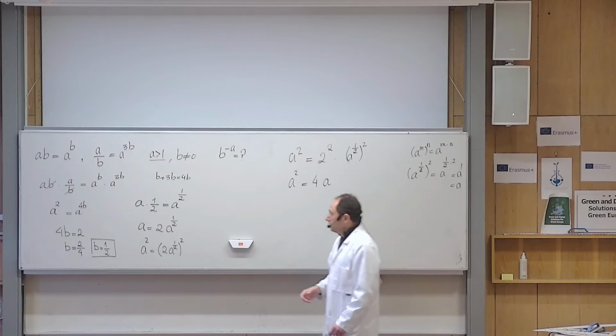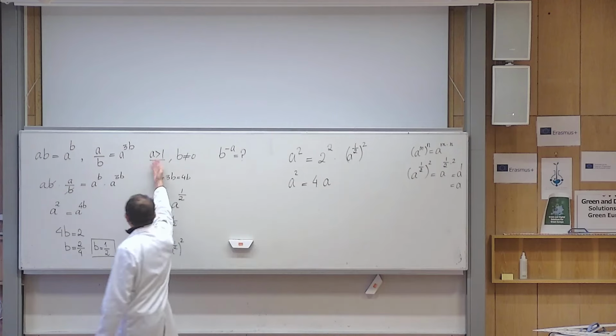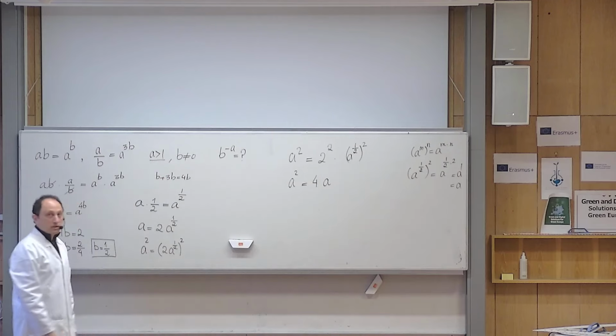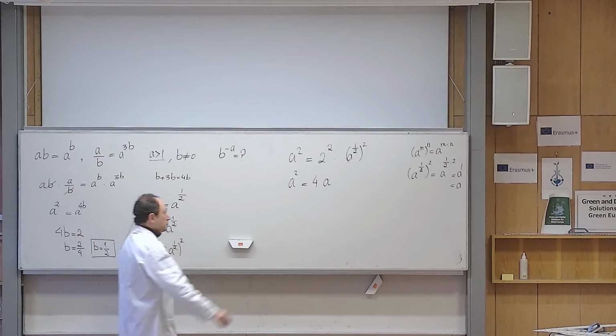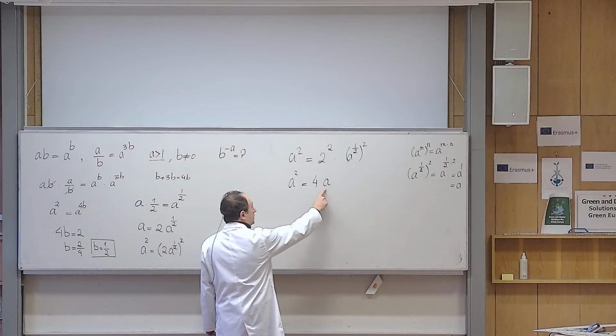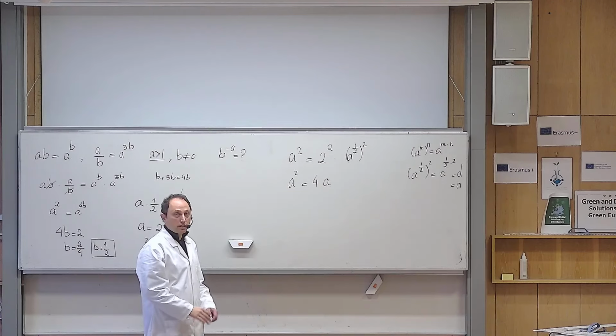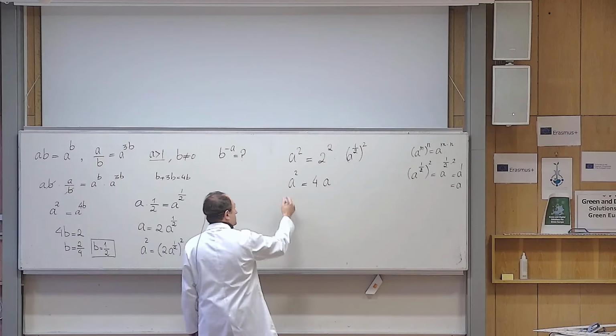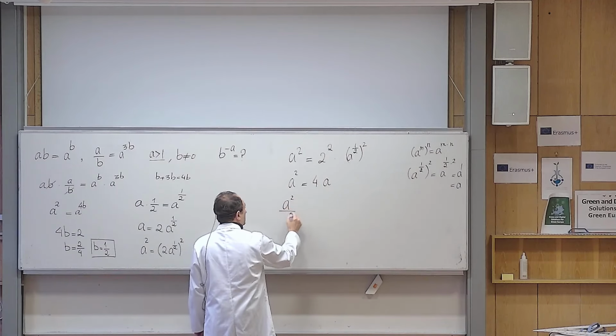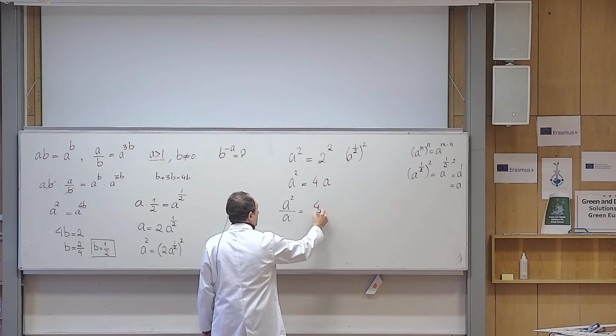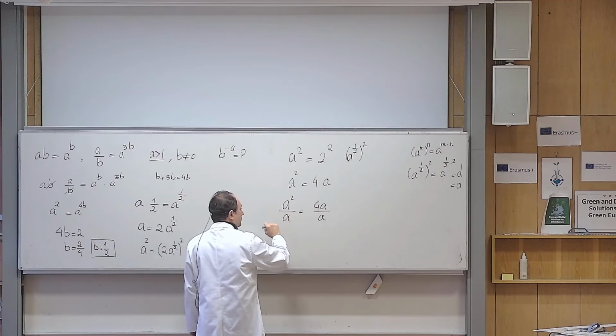Okay? And now it is mentioned that a is greater than 1, so it means that a is not 0. So if two numbers are equal, I am allowed to divide the left-hand side and the right-hand side by the same number if I am sure that that number is not 0. I want to divide the left-hand side by a. Of course, I have to divide the right-hand side by a as well if I want to keep the equality sign.